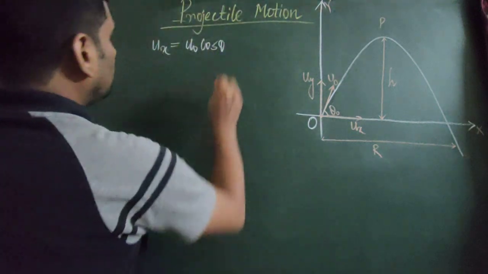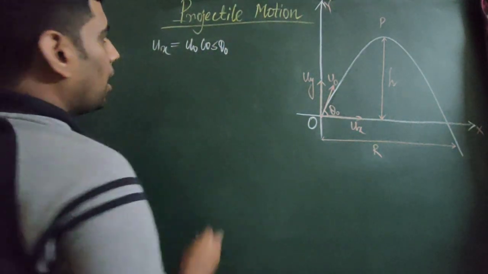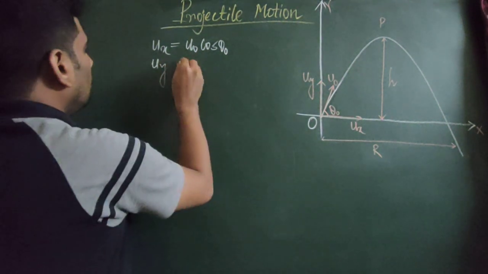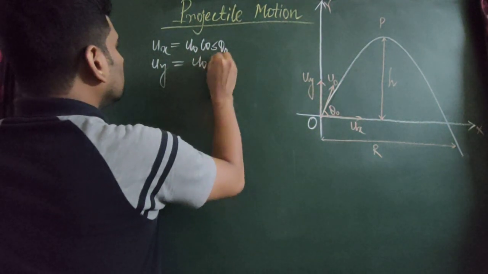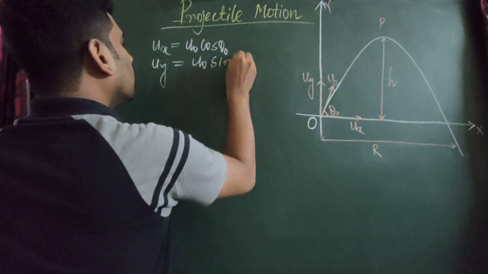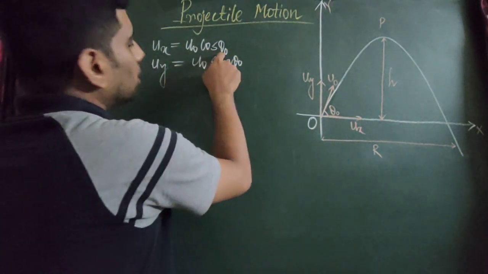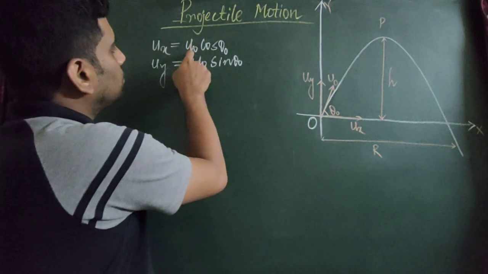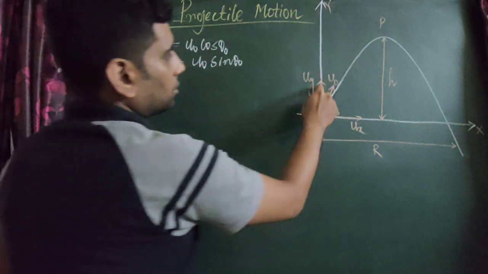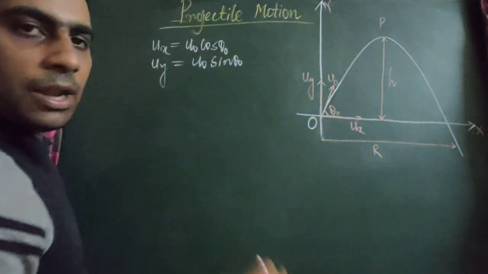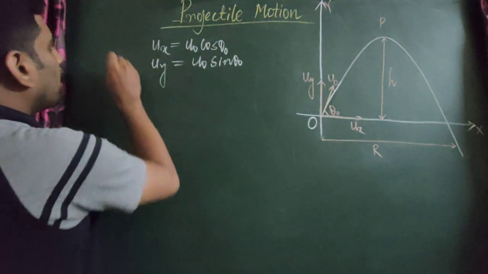So this becomes u0 cos theta 0, and the vertical component of the velocity you get as u0 sine theta 0. From vectors we have learned this. So this is the horizontal component of the initial velocity u0, and this is the vertical component. This is uy and this is ux. Now what happens during the motion? ux remains unchanged.